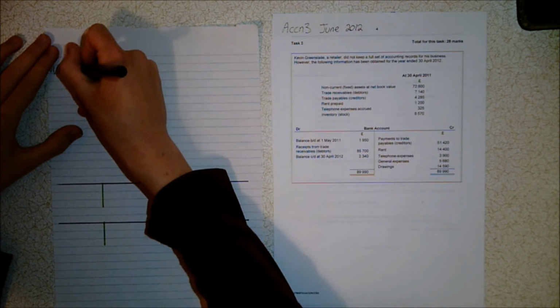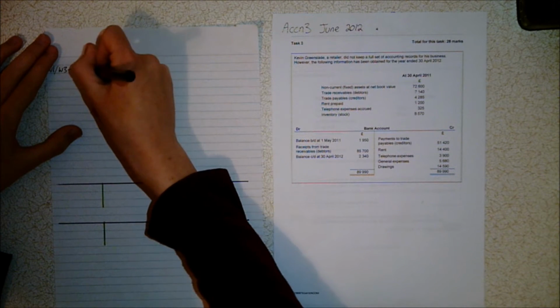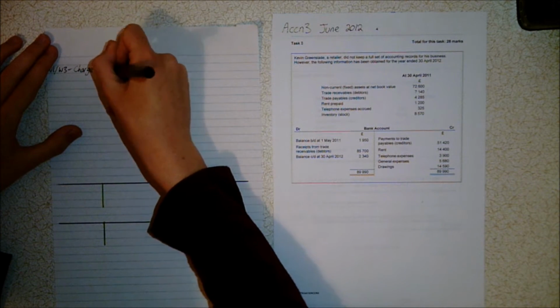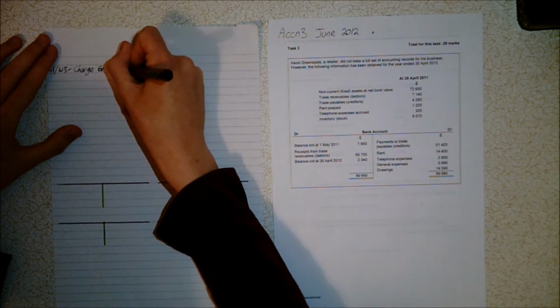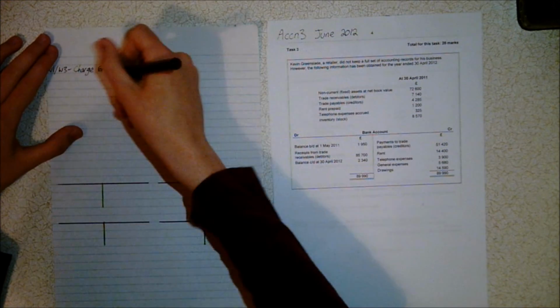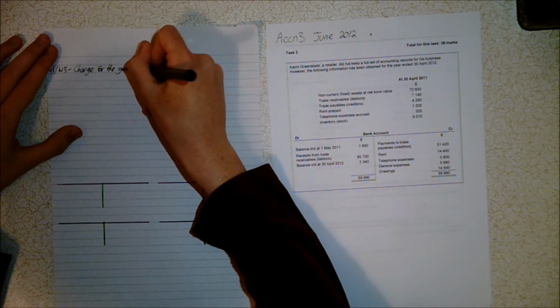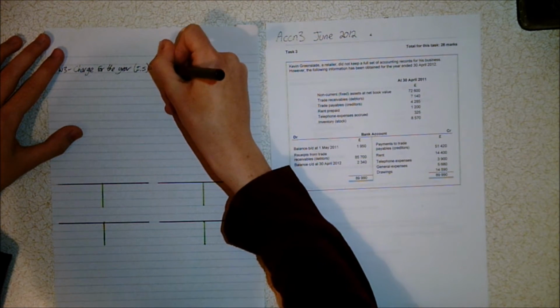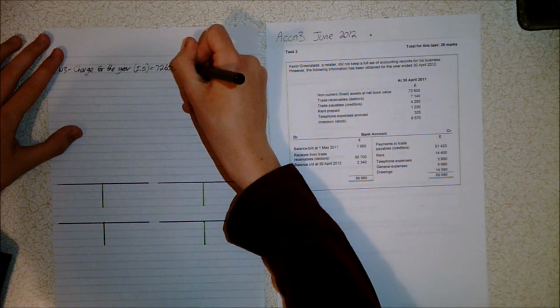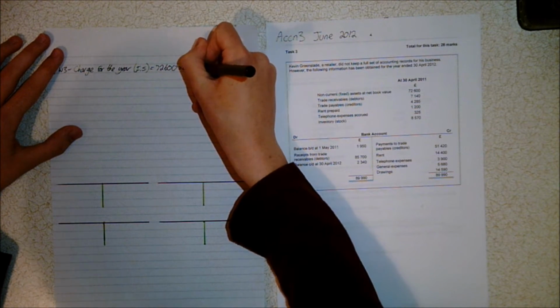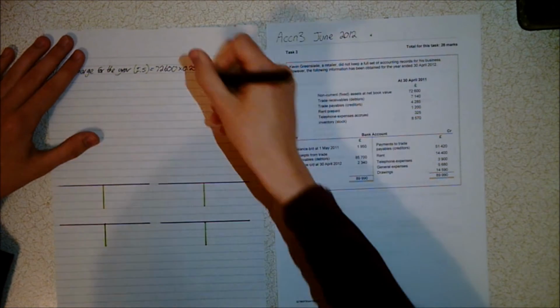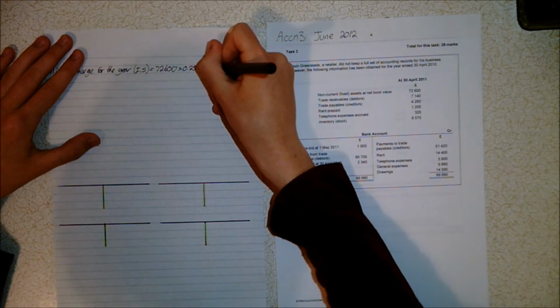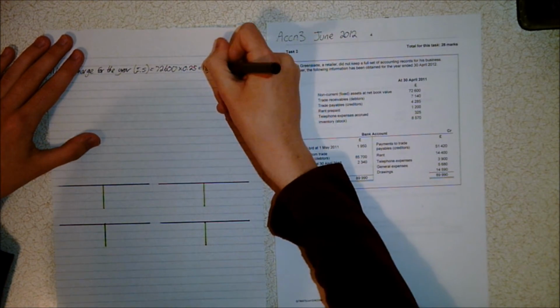What I can work out is the charge for the year, and this essentially is just going to go in my income statement. This is just the depreciation figure. So it's reducing balance, so it's just going to be 72,600 times 0.25, so just 25%. So that depreciation figure is going to be 18,150.